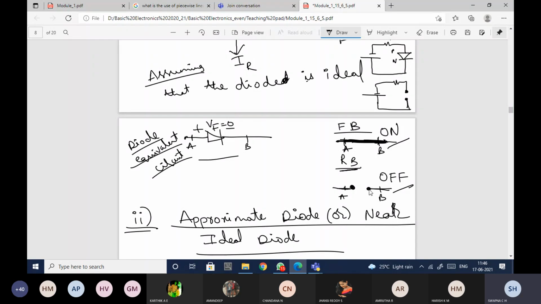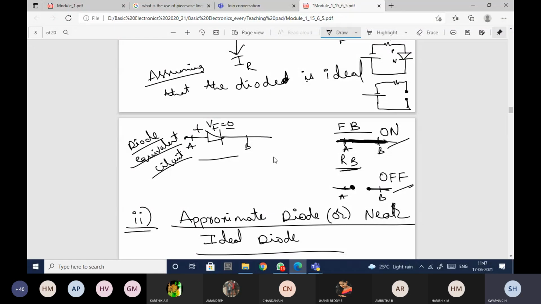That is the reason a diode can be used as a switch. If you want to turn on the fan, you just switch it on, the circuit is closed and current flows through the device, giving you circular motion. When you switch it off, the circuit becomes open, there is no current flow, so it stops. So the diode can be used as an on-off switch.